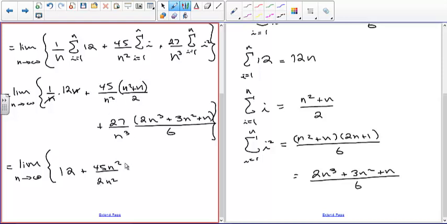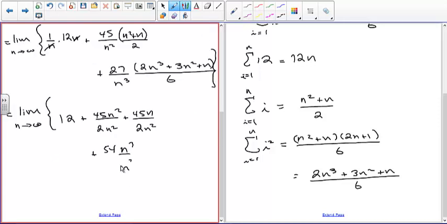And then the second part we'll get 45 n over 2n squared. And then the last one we'll have 27 times 2, which is 54, 54 n cubed over n cubed. Second thing, we'll get 27 times 3, which is 81, so it's 81 n squared over n cubed.